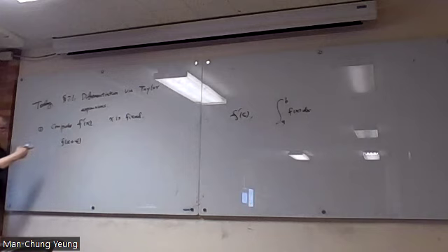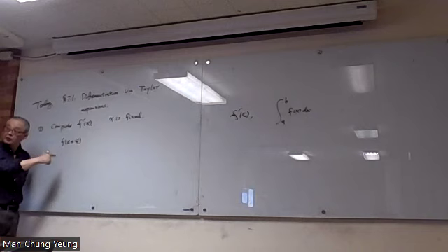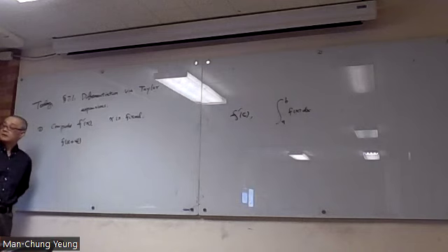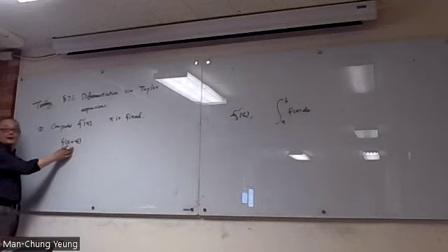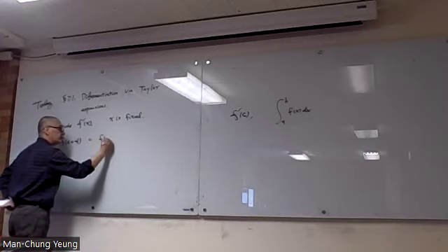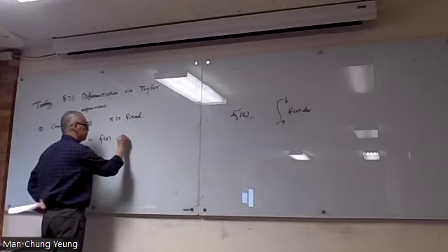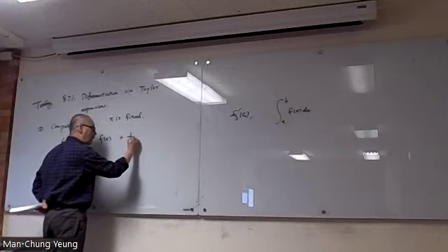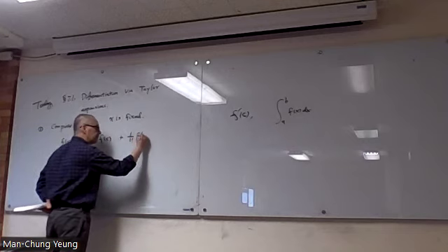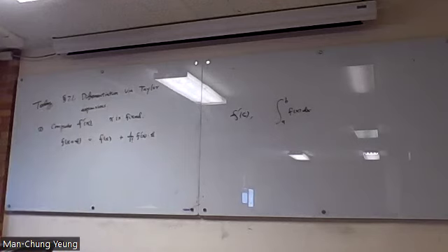In this expression, x is fixed, h can change. Now let me expand this by Taylor theorem. First term, f of x. Second term, 1 over 1 factorial, derivative at x, times h.